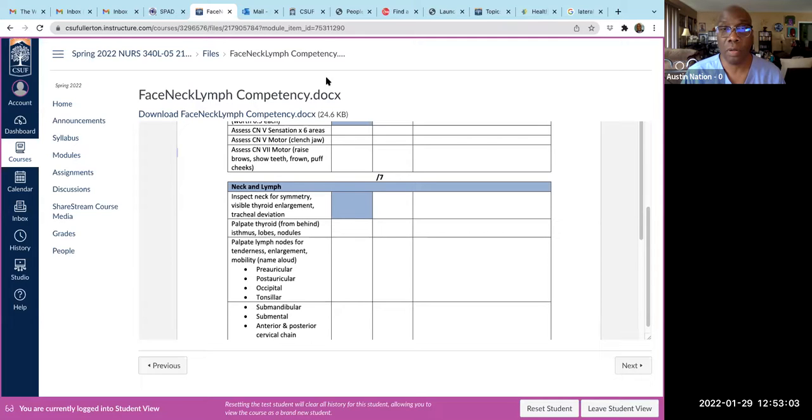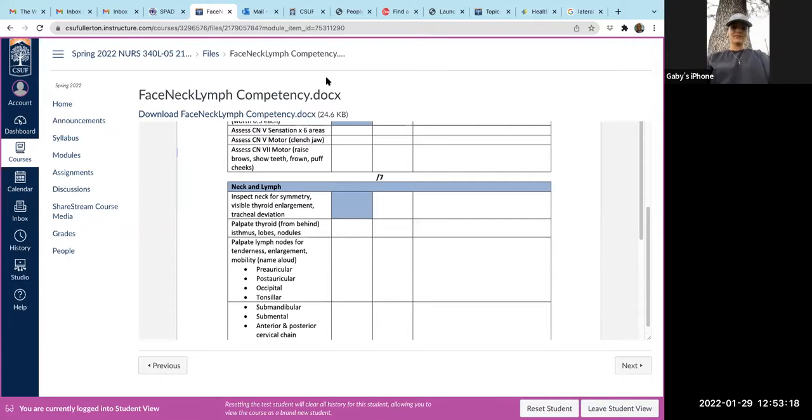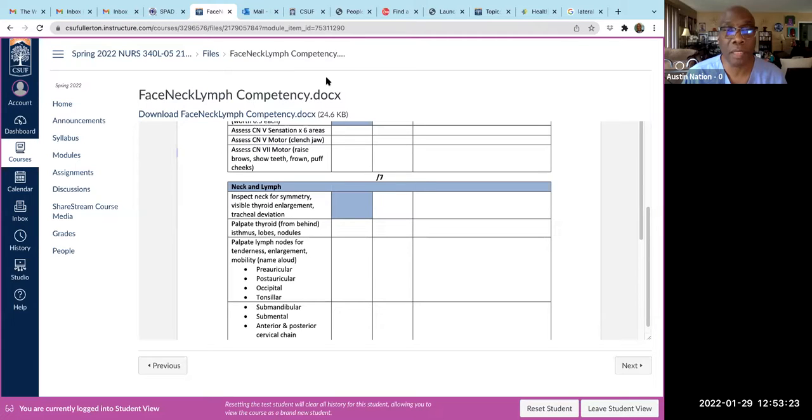Occipital. Nice. Submandibular. Beautiful. Submental.